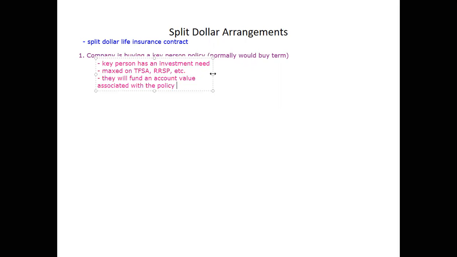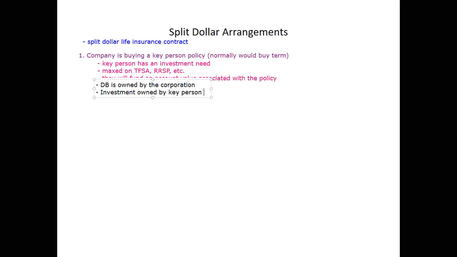And that's a split dollar arrangement. So you can see the origins, Danny, of what you're talking about, right? The CI with return of premium in this very, very old structure. That's good, and it's quite similar, isn't it? And so now the idea is that the death benefit is owned by the corporation and the investment is owned by the key person.